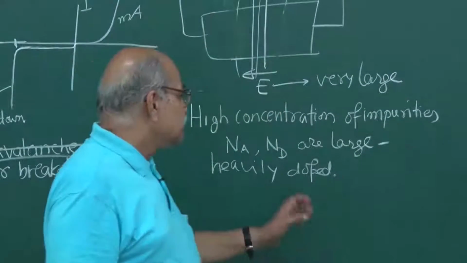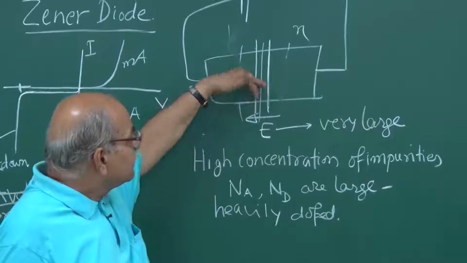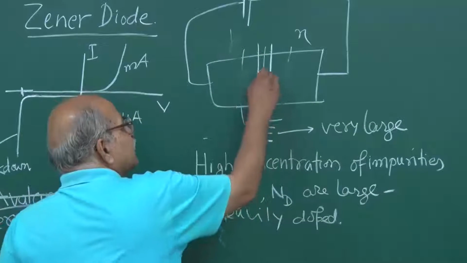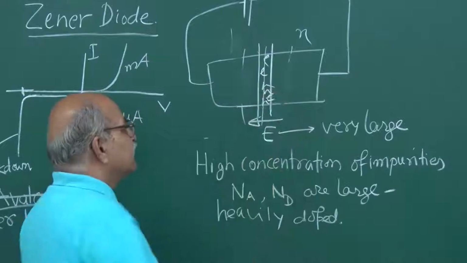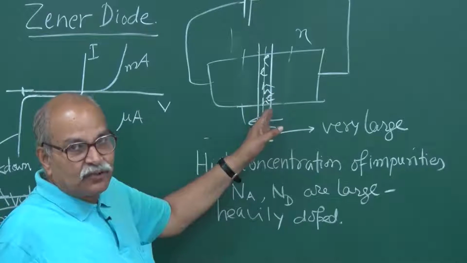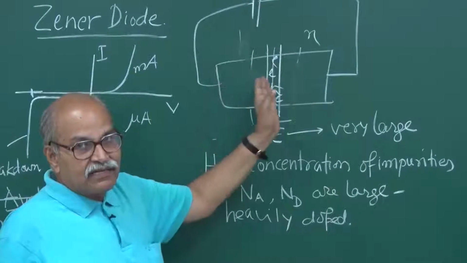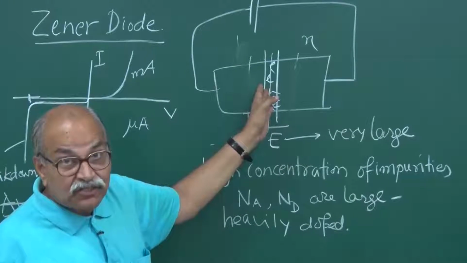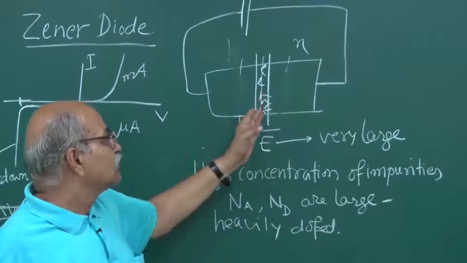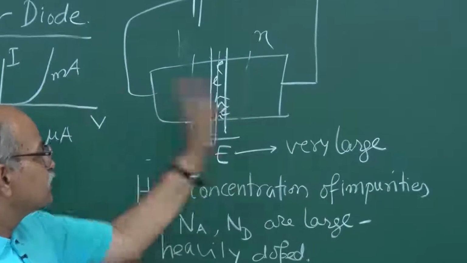So once this process starts, because of the strong electric field, electron holes are created in this region, and the moment they are created, remember this electric field is there to sweep them and give rise to that current. So you can have current in the reverse bias which can be very large, because a lot of electron hole pairs are continuously being produced, and the electric field is sweeping them.